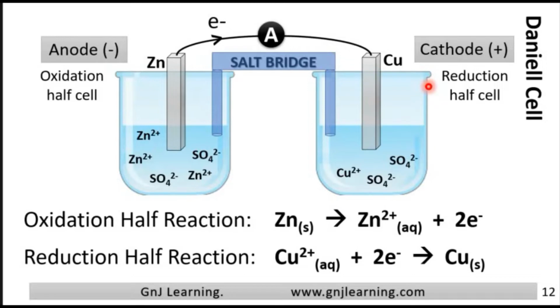Electrons are negatively charged and they flow from anode to cathode because of this positive potential. By convention, whenever you represent a galvanic cell, the cathode must be placed on the right and the anode on the left. You can represent it either using a diagram or using notation, which we will see later.